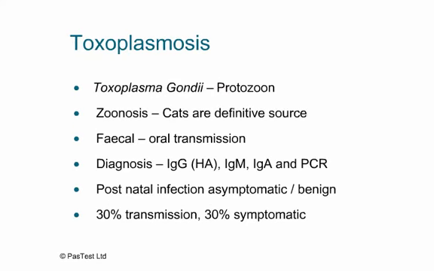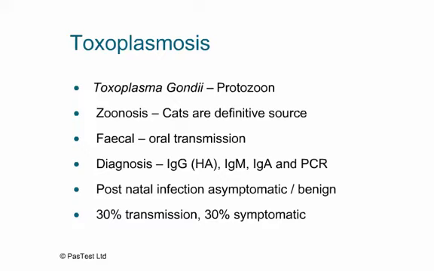So what is toxoplasmosis? Well, it's caused by a protozoa called Toxoplasma gondii. Infection of an unborn baby, particularly if infection occurs during the first trimester, is more likely to lead to the congenital toxoplasmosis.